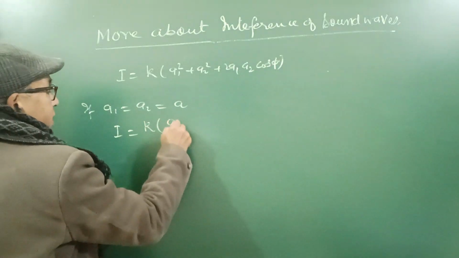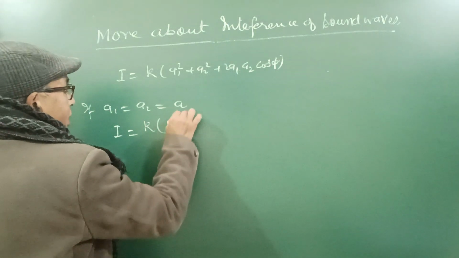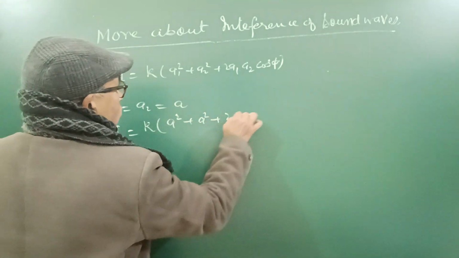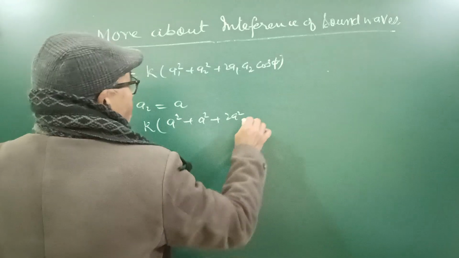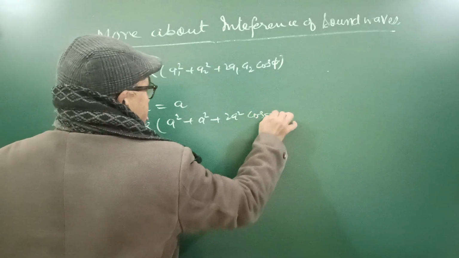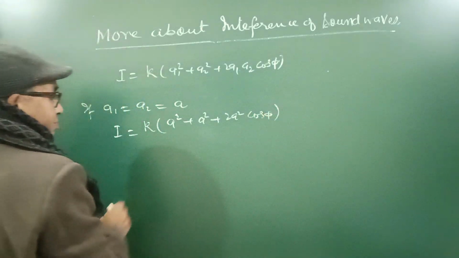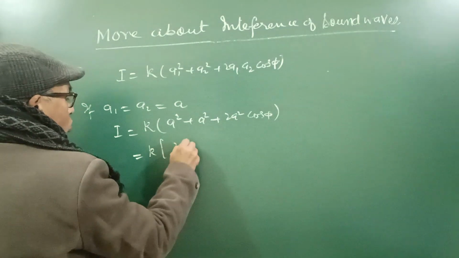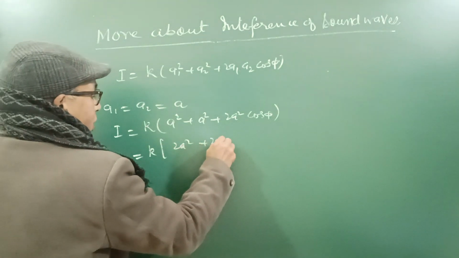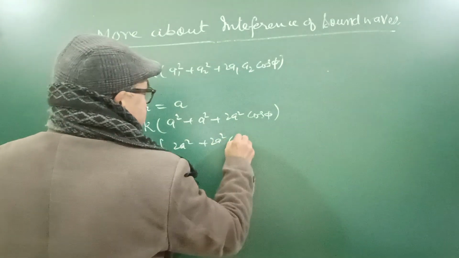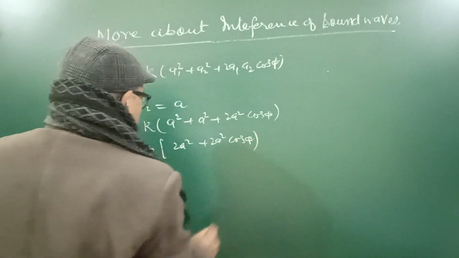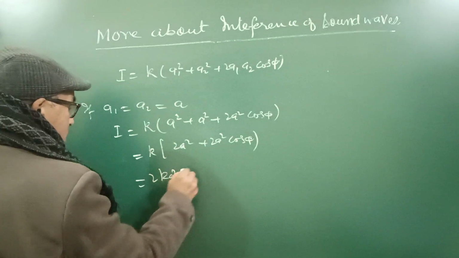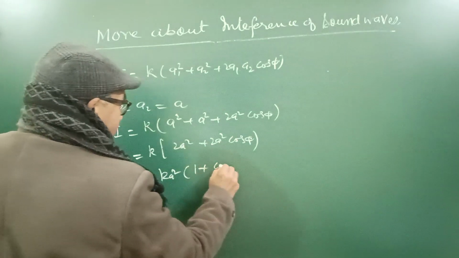K bracket A square plus A square plus 2A square cos phi, which is K 2A square plus 2A square cos phi, or it is 2KA square (1 plus cos phi).